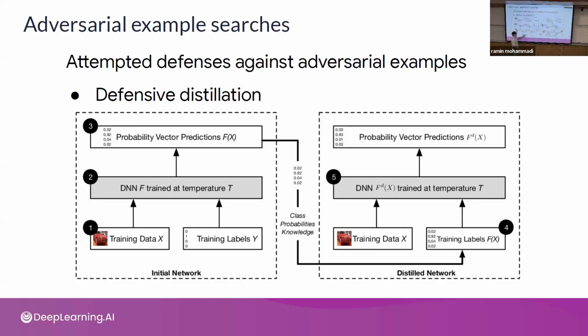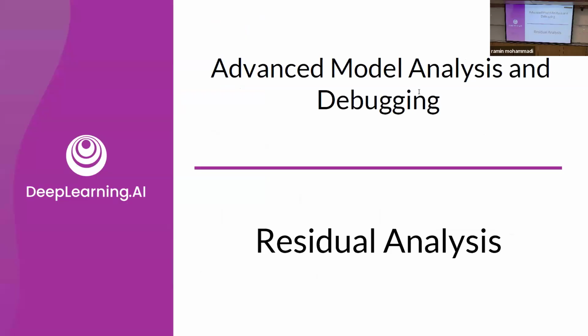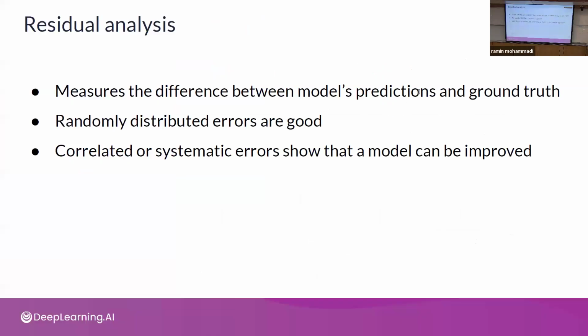Instead of using the actual label to train your student model, you use those probability scores to train the student model. By doing so, your model is not sensitive to the actual data and perturbation in the data. So it's a common method to be less sensitive. We use distillation.